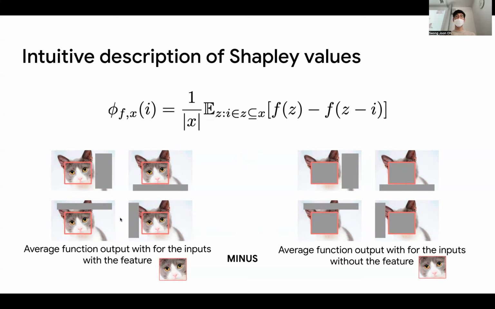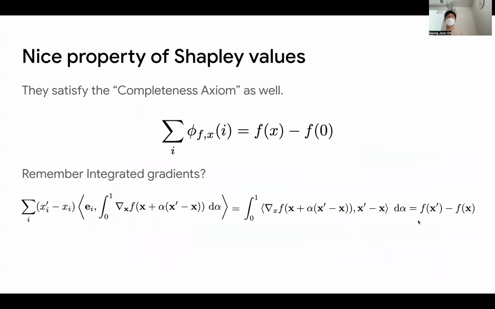So you average the function response through all these cases. And then you'll also have the case when you turn off your cat's face, but you're also randomly turning off any other part of the input image at the same time. And you take the average difference between these cases and the cases on the right. That's going to be your Shapley values.